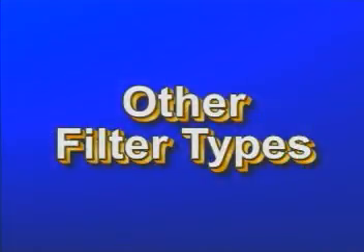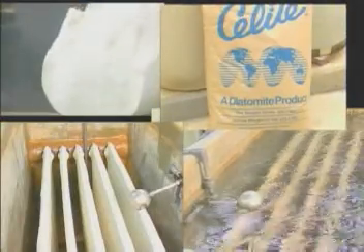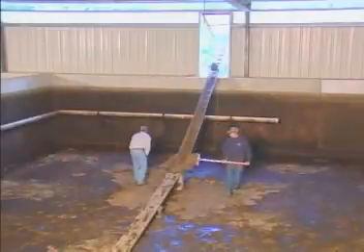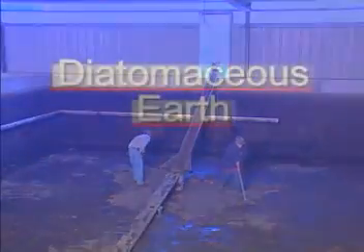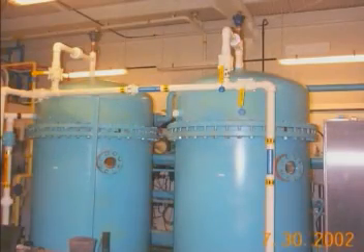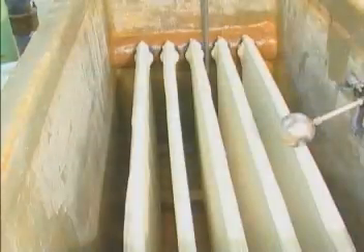Other types of filtration include diatomaceous earth, DE, membrane, and slow sand. In the DE application, either a vacuum or pressure is used to adhere the DE to the filter plenum. There are normally several plenums attached to a manifold.